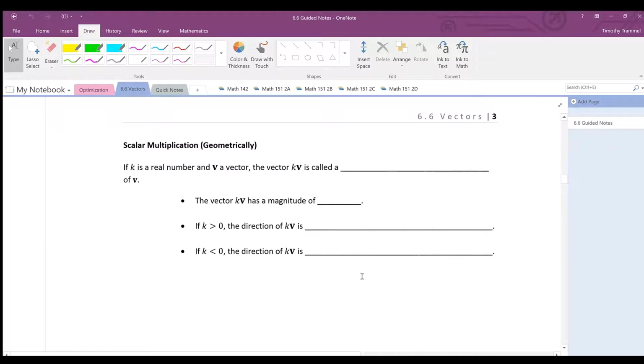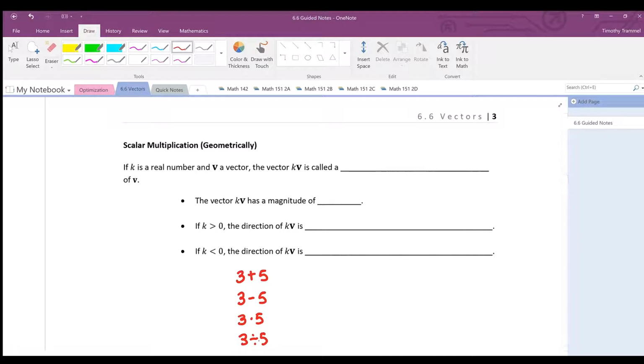So actually we're on to another concept, scalar multiplication. One thing that is kind of fun about this section is that a long time ago you all learned some operations. And so operations are things like addition, subtraction, multiplication.